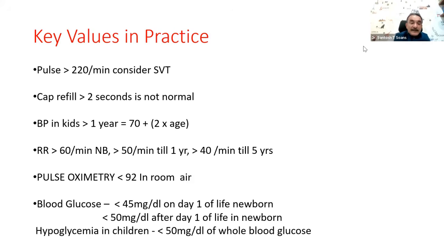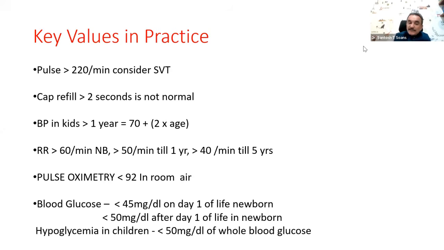For BP in kids older than 1 year, there is a formula: 70 plus 2 times age. That gives the lower limit of systolic blood pressure. A heart rate below 60 in a newborn, below 50 till the age of 1 year, and below 40 per minute till 5 years is not normal.